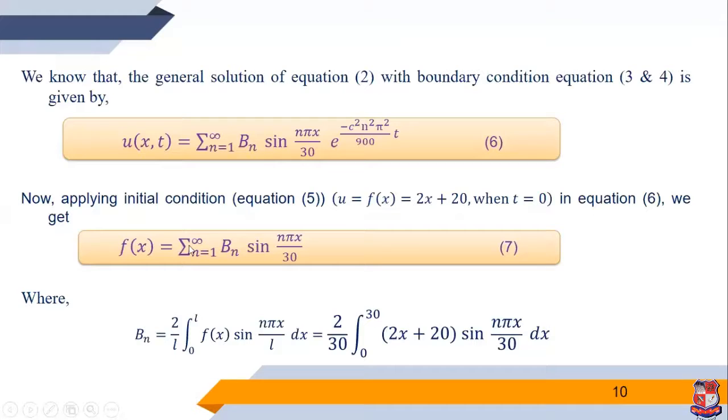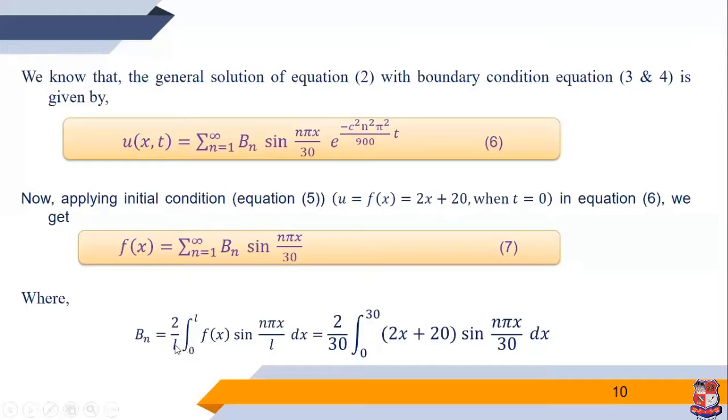So we write f(x) is a summation n is 1 to infinity b_n sin(n pi x by 30), equation 7. Now this is the Fourier half range sine series. So we find the value of b_n using the formula 2 by L integral 0 to L f(x) sin(n pi x by L) dx.